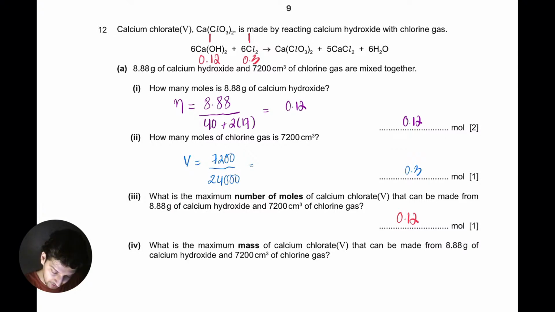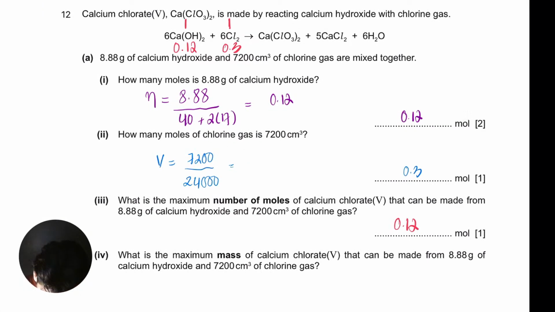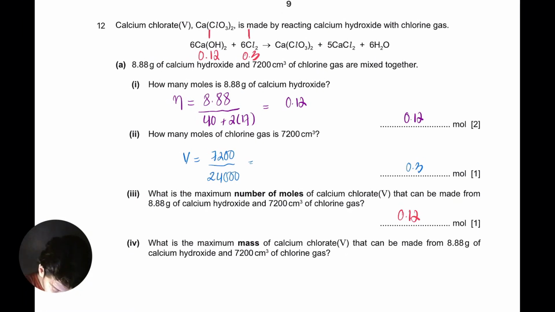So the ratio between these two, oh, I am doing it wrong. I did it wrong. They're asking how much of this you will produce. So if you're reacting 0.12 of calcium hydroxide, you can pick any one. What's the ratio between them?